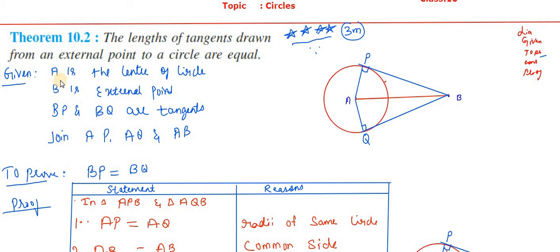For any theorem, not only this one, we need to follow these 5 steps. First, you need to draw the diagram. Then given, then to prove, then construction, then proof. Step by step we need to go. Why? Because for each and every step we'll get marks. If you fail to write the diagram, you'll get 0 marks.